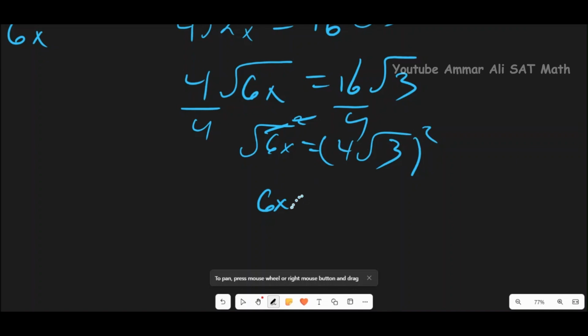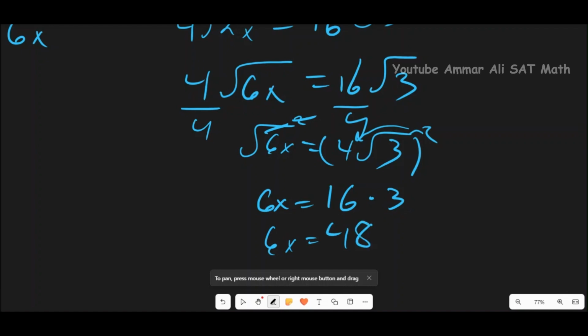You can imagine the square got distributed, and when you distribute a square to a radical, it just cancels out the radical. So 4 squared is 16, and 3 is just 3. Then we get 16 times 3, or 6x is equal to 48.